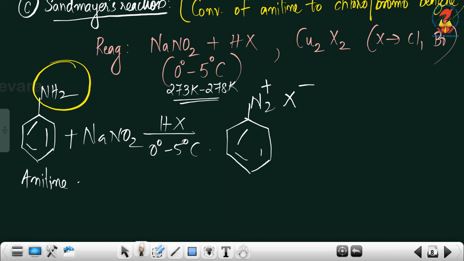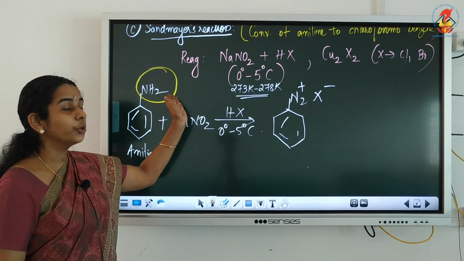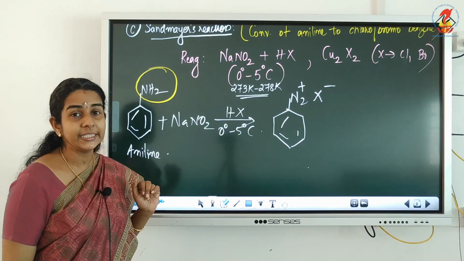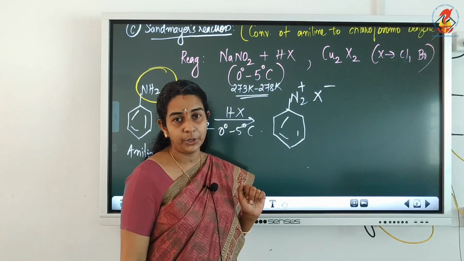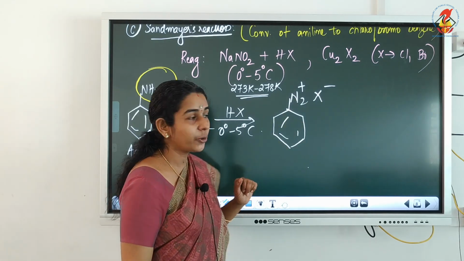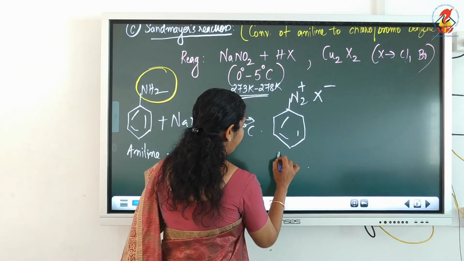First I will write generally HX. The NH2 group will be converted to N2+ X-, where the N2+ group is known as the diazonium group. So we can write the name of this product as benzene diazonium halide.